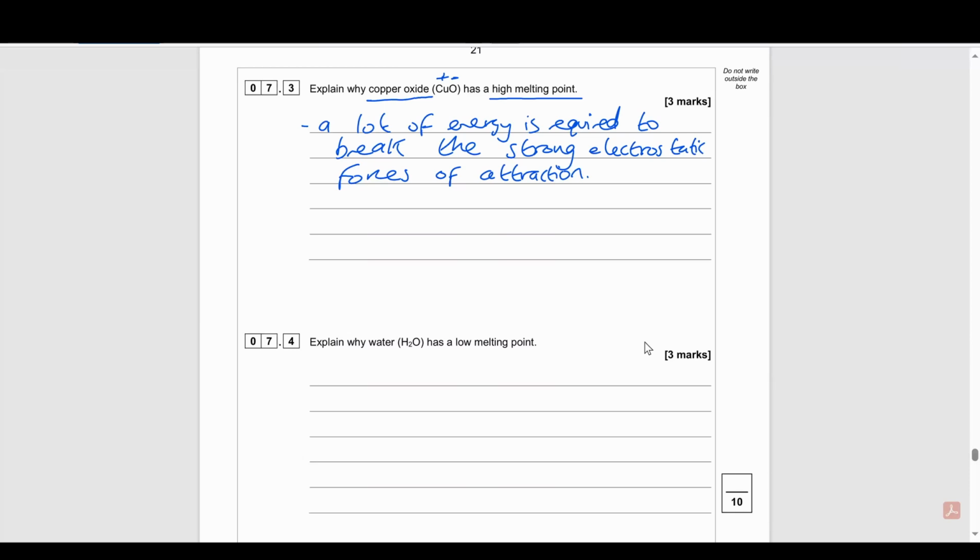Now, again, let's just be clear when we're in our explanation. What is the reason why there is an electrostatic force of attraction? It's due to the presence of oppositely charged ions. Copper positive, oxygen negative.